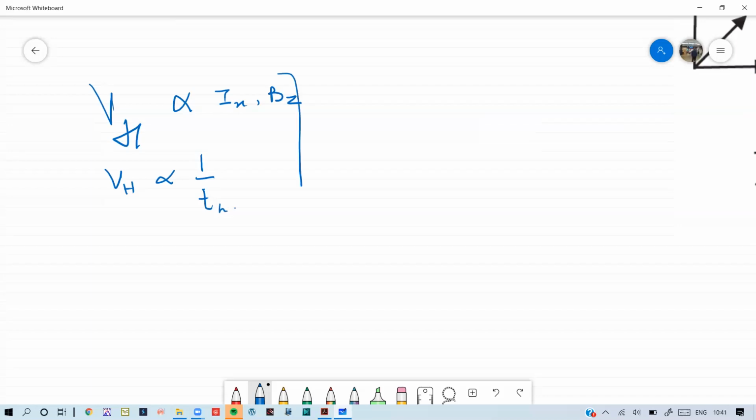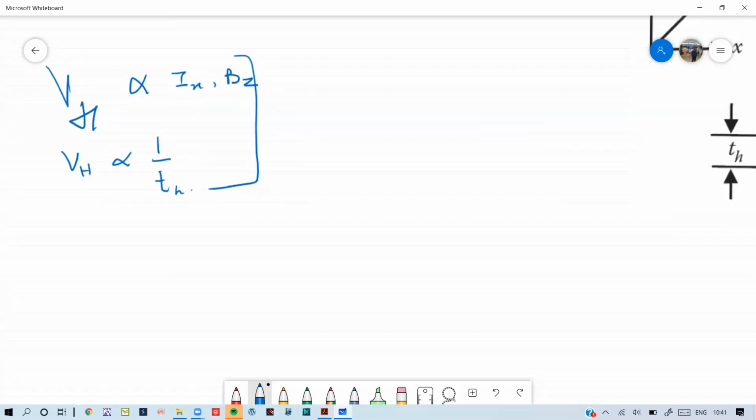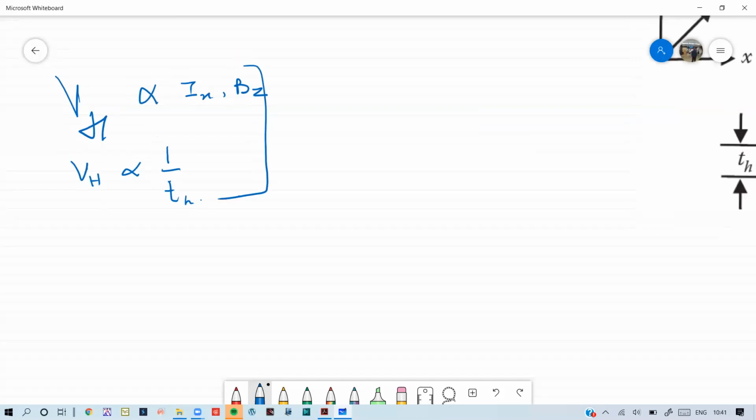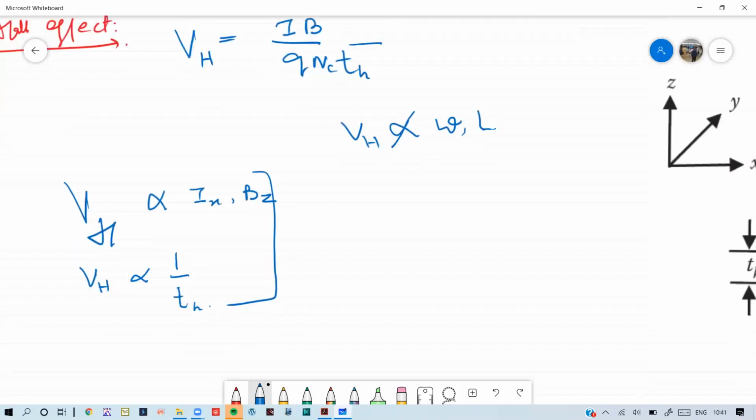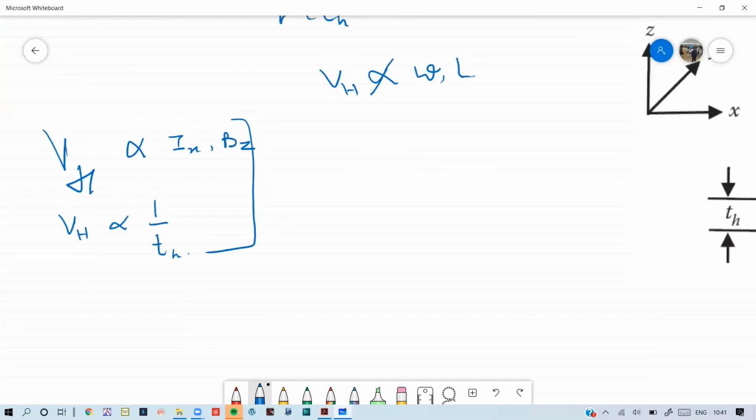Why I am writing this is that, from the Hall effect expression, VH does not depend on the length of the sample, but it depends on the current.